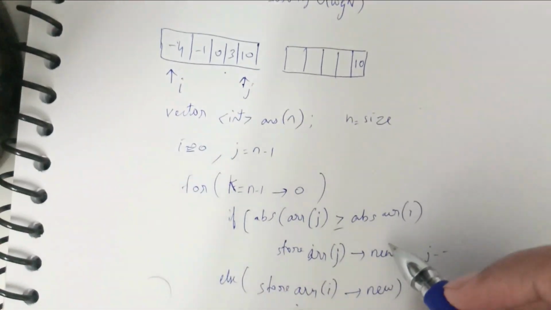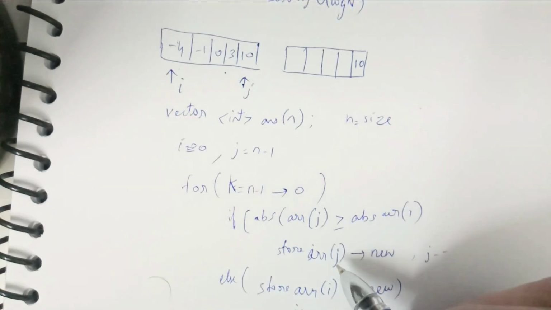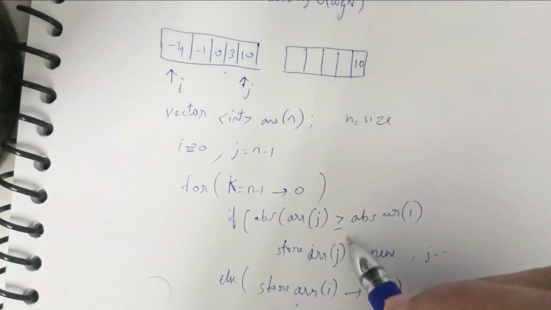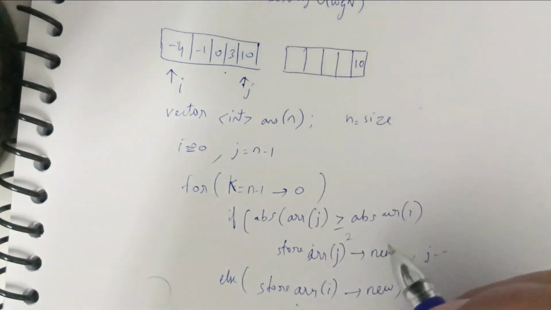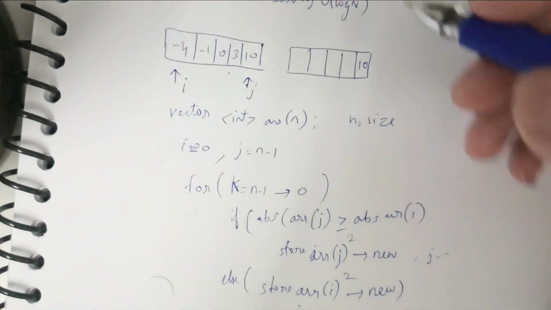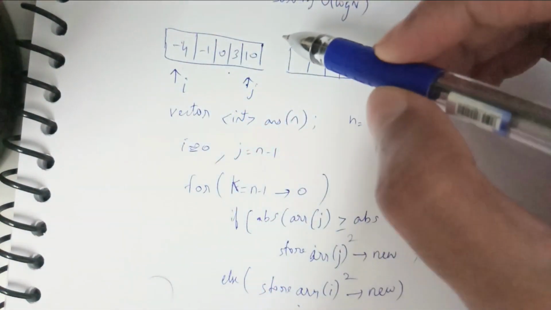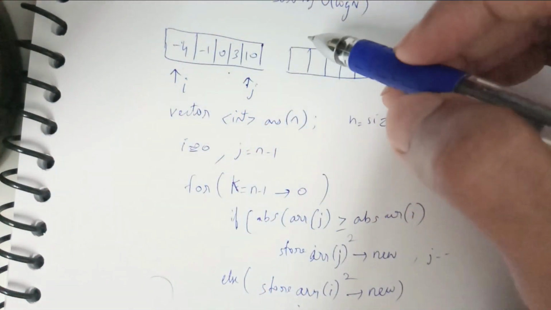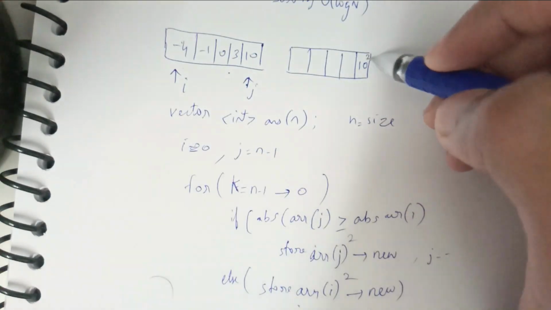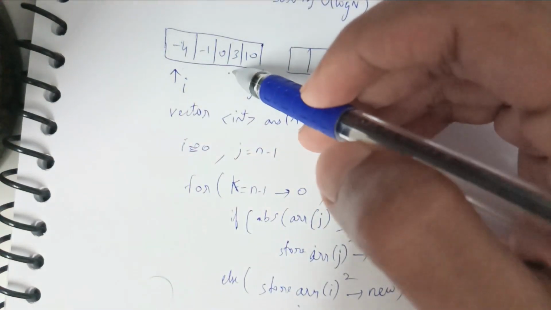And one thing here, we stored only this value, but we need to store the square of this. So now -4 and 10, 10 is greater, so store 10 square, 100, here, and move this pointer.